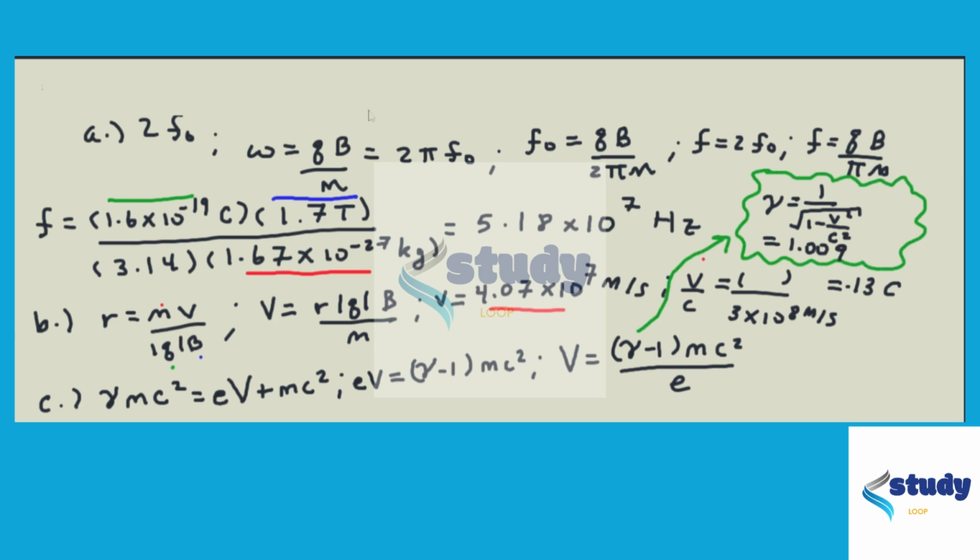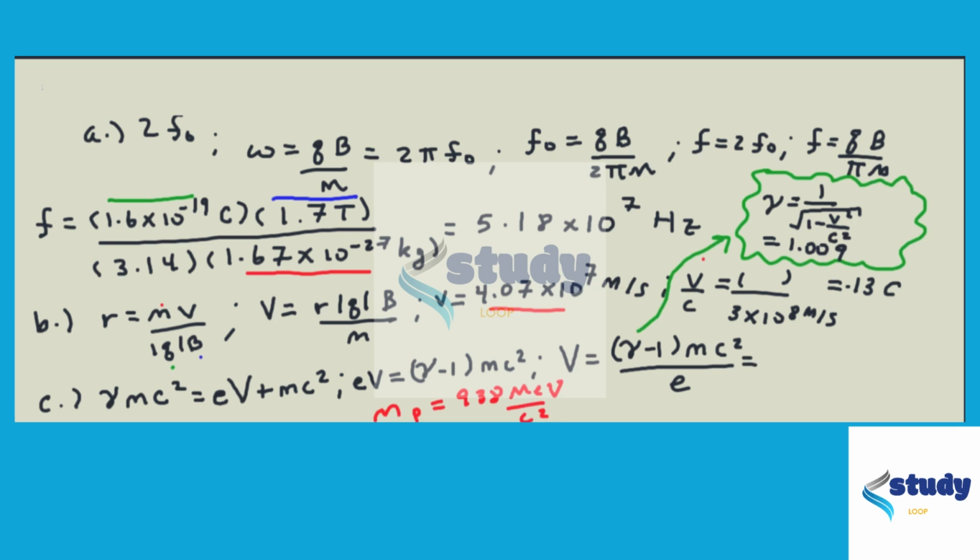Okay, now that we have a factor for gamma, we need to figure out what the rest mass of a proton is. Rest mass for a proton is equal to 938 MeV per c squared. All right, let's go ahead and plug all these things in.